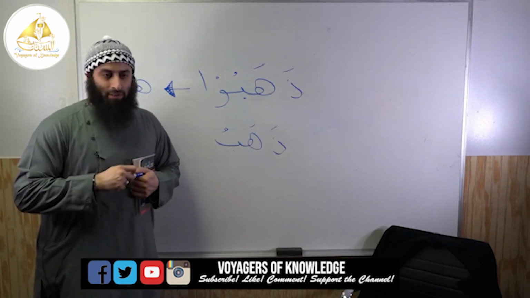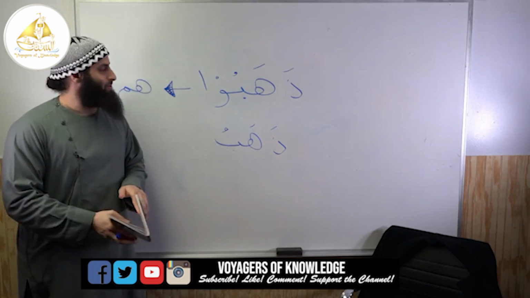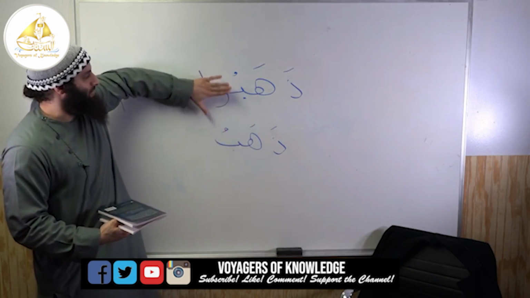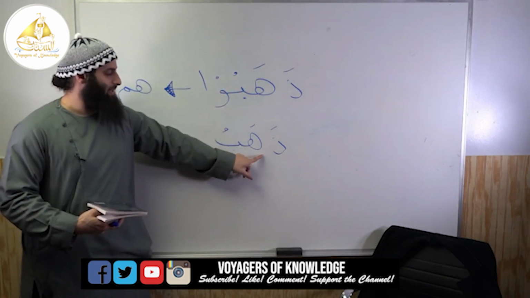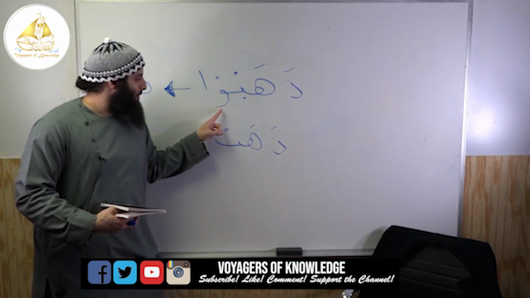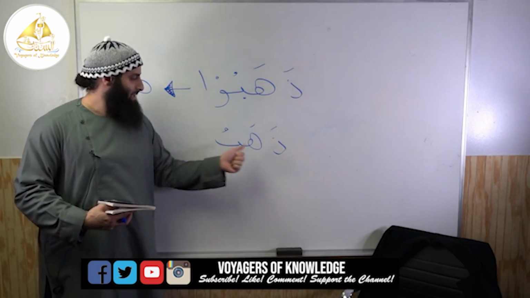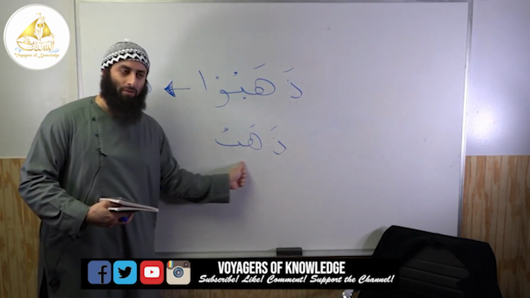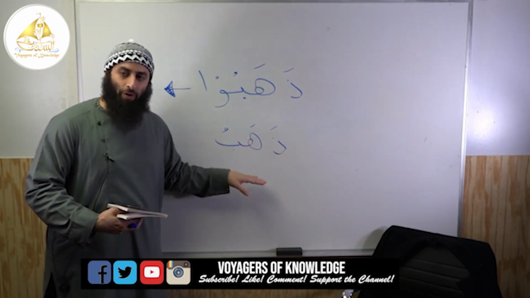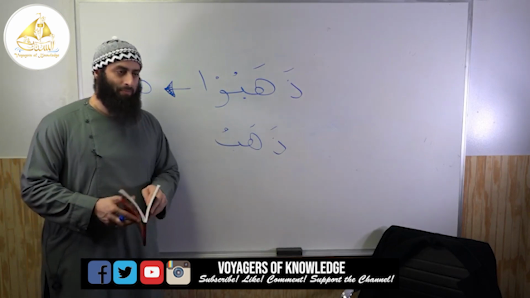For the untrained ear, if I told you write dhahabu, without knowing this, you would have probably written it like this. But now you know there needs to be a waw alif there for the plural, because a past tense verb does not end with a dhamma.